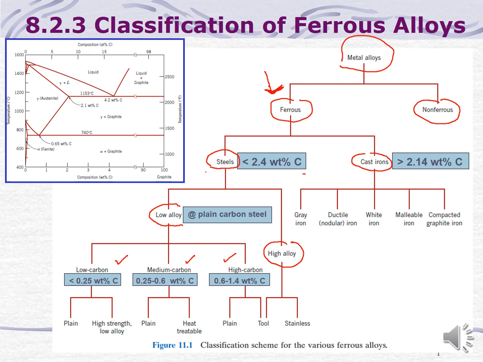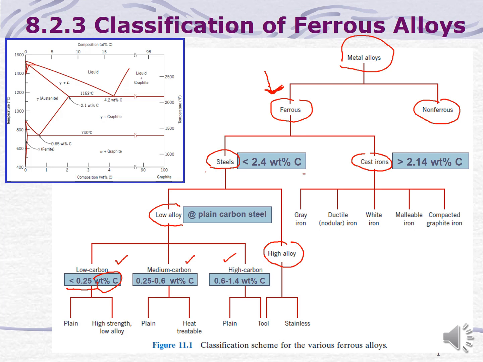The difference between these three groups is the percent of carbon. For low carbon steel, the percent of carbon is less than 0.25.